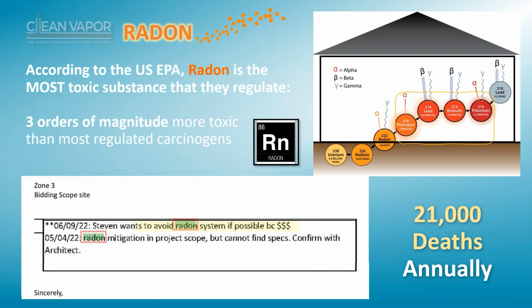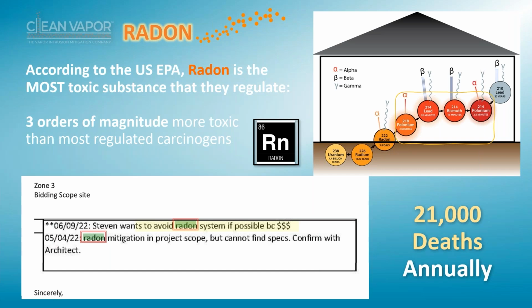Now that tells me a couple things. Possibly Steve does not understand the risks associated with radon. Possibly Steve doesn't understand the long-term liability for the building owner. Or possibly Steve just knows those things, but is being pressured to deliver a profitable project for his construction group and is choosing to bypass these things.